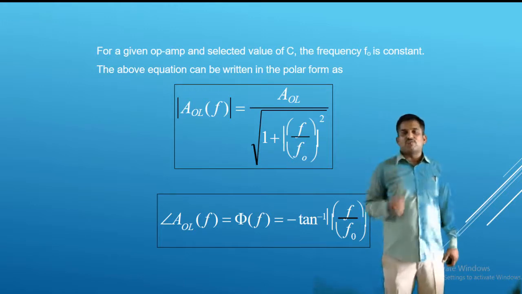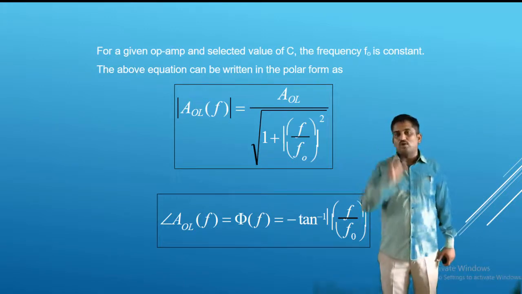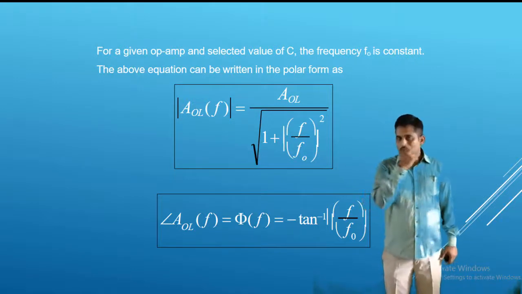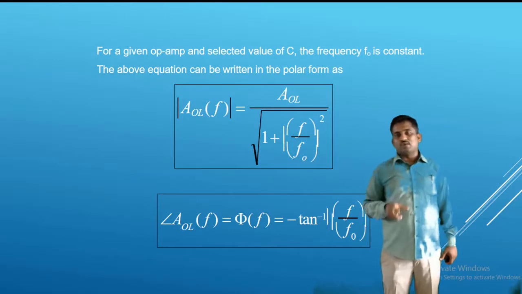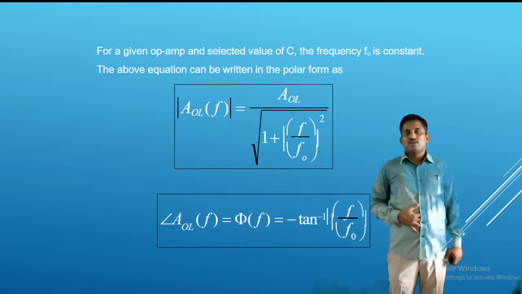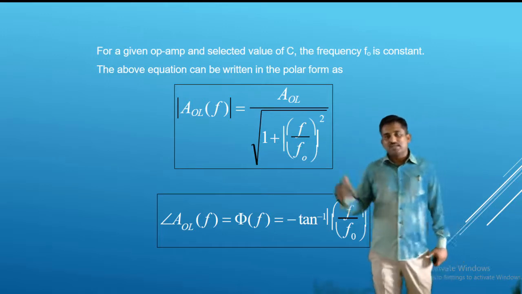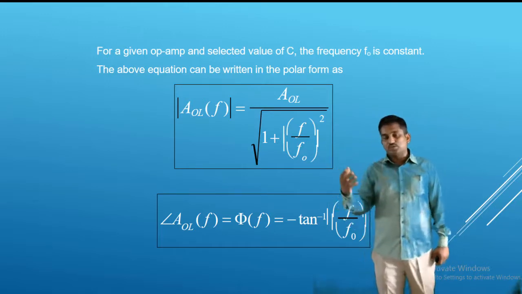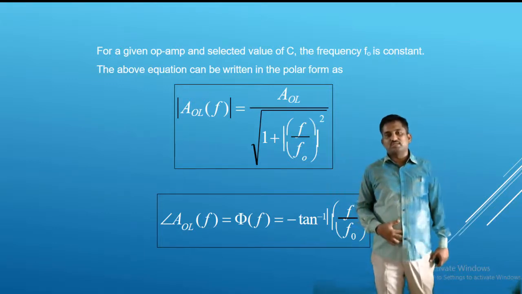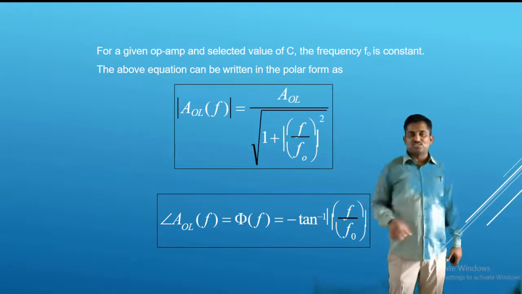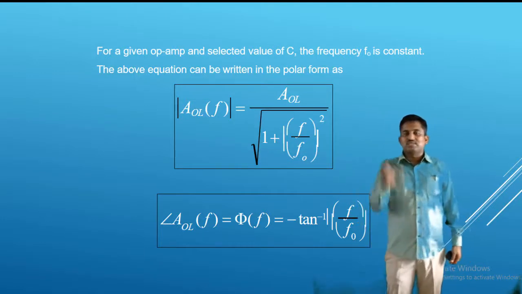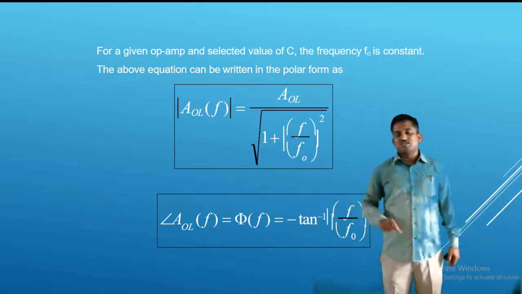For the stability of an op-amp, we have to follow the Barkhausen criteria. It has two rules. One is the magnitude of the transfer function will be equal to 1, and the phase angle should not cross minus 180 degrees. Then we will treat that system as a stable system. For this, we have to consider gain margin as well as phase margin.